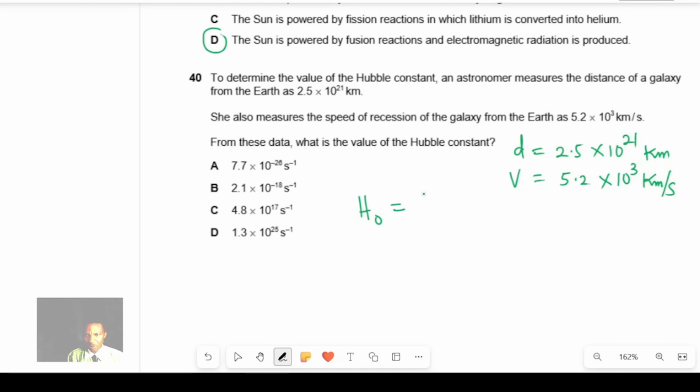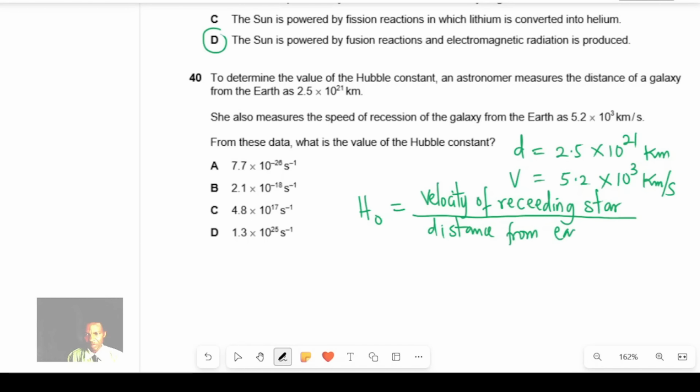Hubble constant H is equal to the velocity of the receding star over the distance from Earth, which is equal to 5.2 times 10 to the power 3 kilometers per second divided by 2.5 times 10 to the power 21 kilometers.